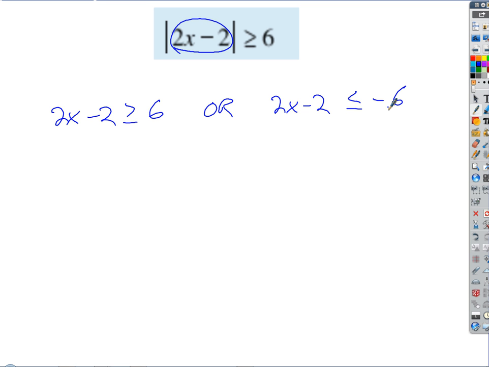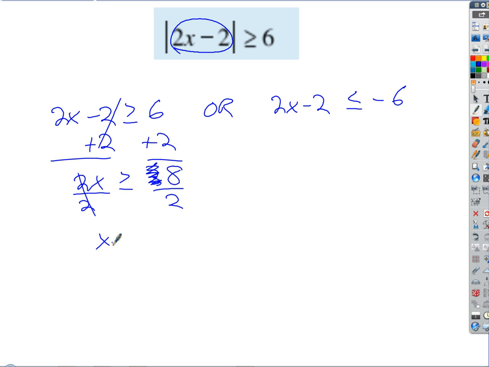So what are, I mean, this is easy here. What are the 2 steps in order to get the x by itself? Add 2 and divide. Okay, so if I add 2 to both sides, I'm going to get 2x is greater than or equal to 8. What am I doing? I was dividing.